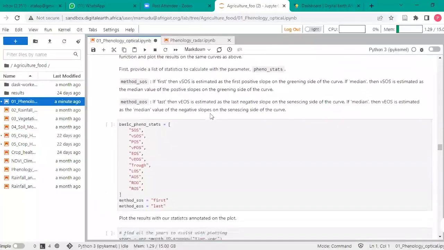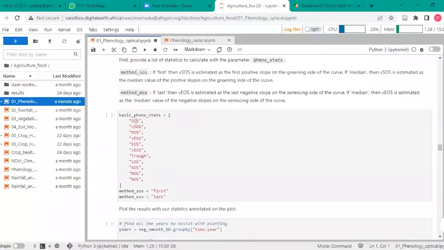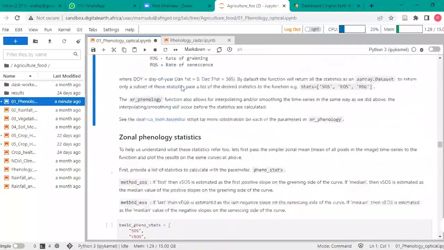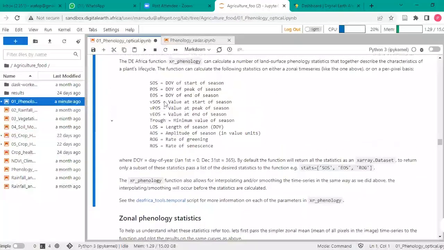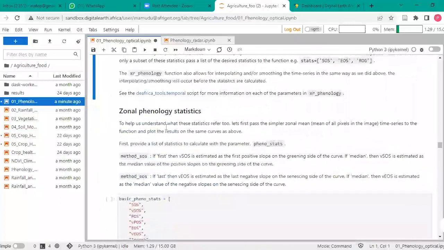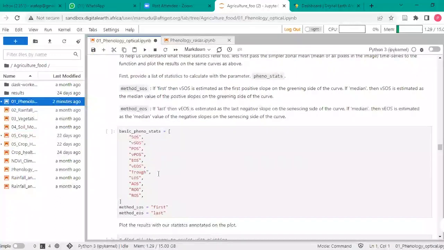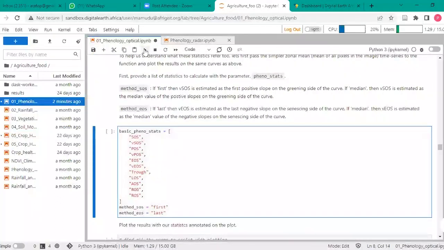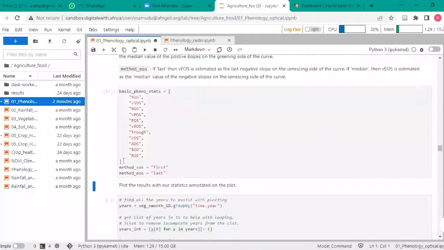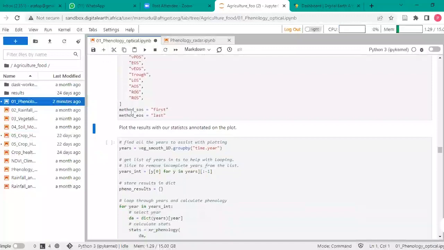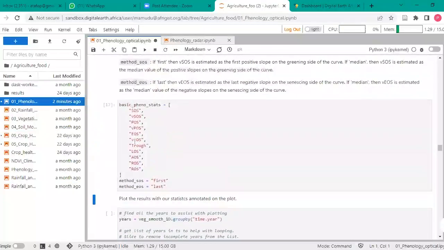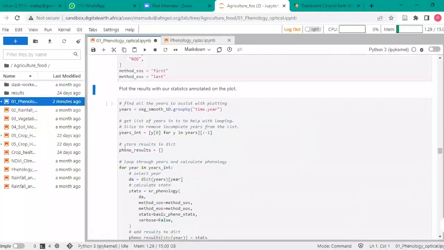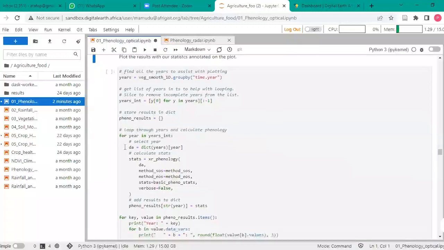Now, the first thing we will do is to define all of those parameters, all of those terms. And that is what is given in this set of code. All right, so having defined all of the terms, the next we want to do is to calculate the phenology for all of those terms.